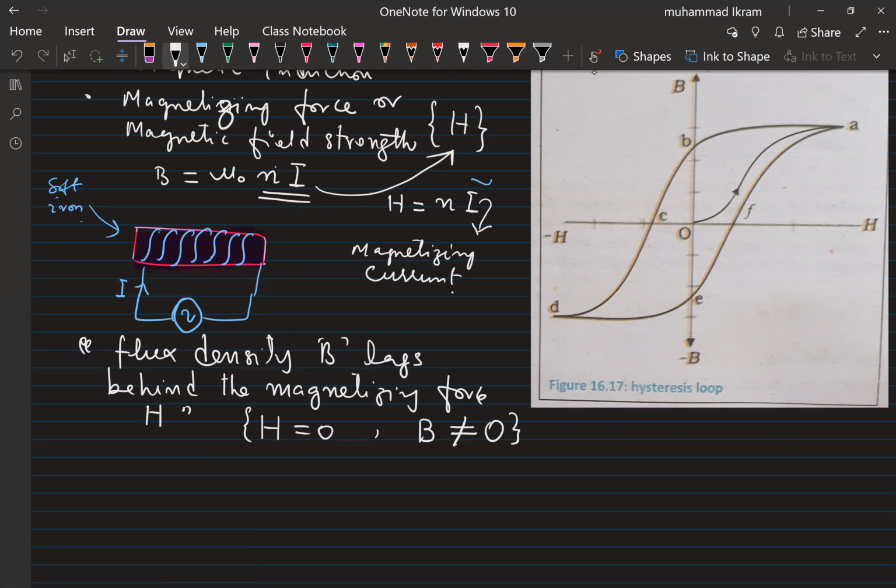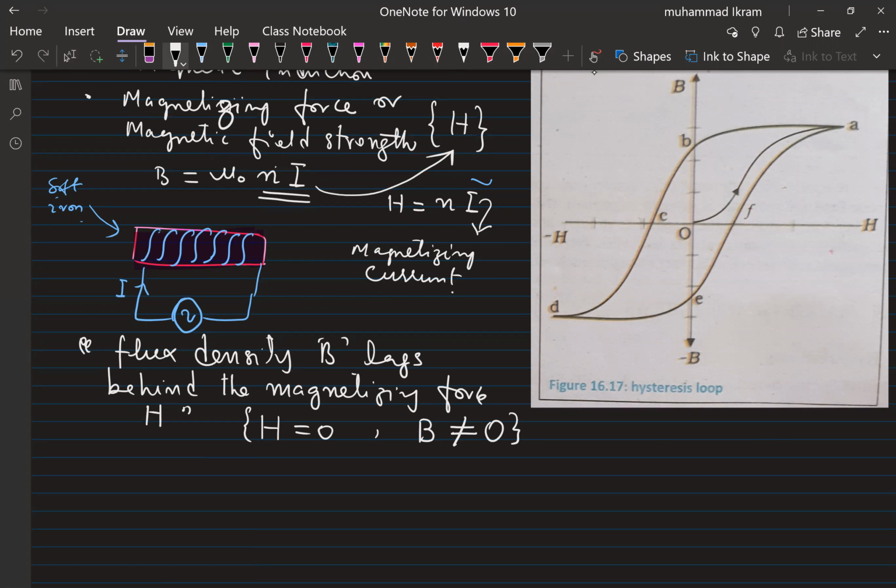The material still retains some magnetism even when the magnetizing force is removed. This is known as magnetization lagging.